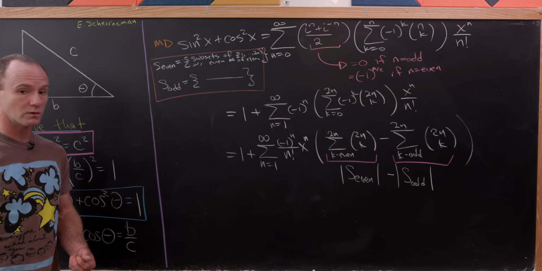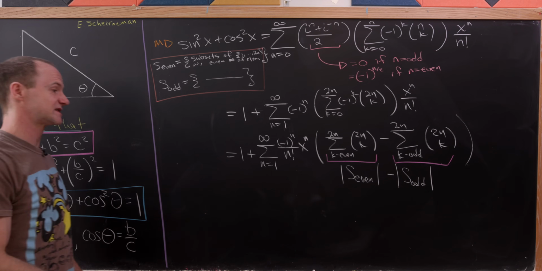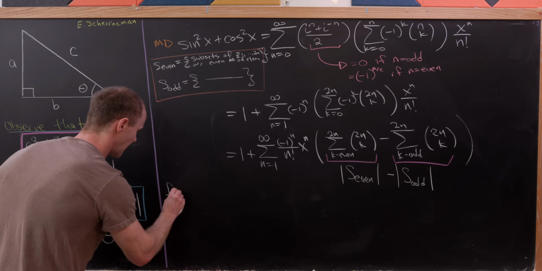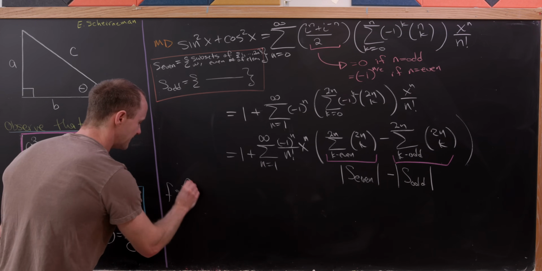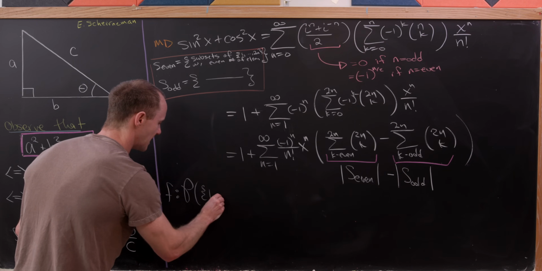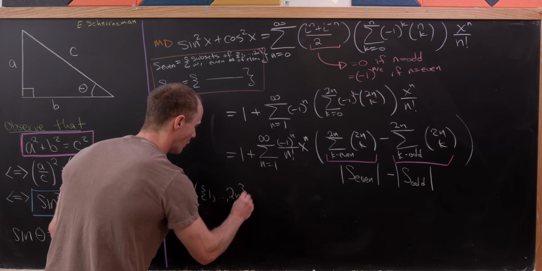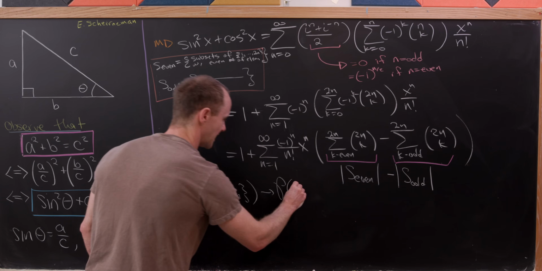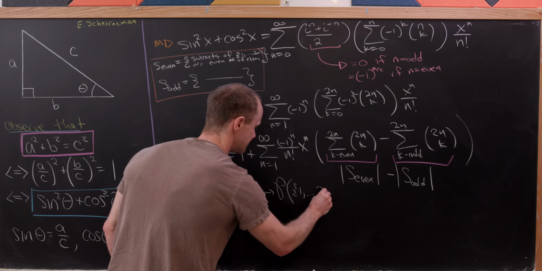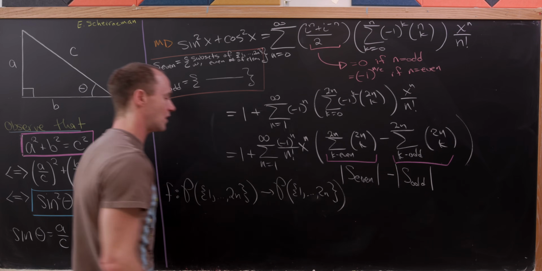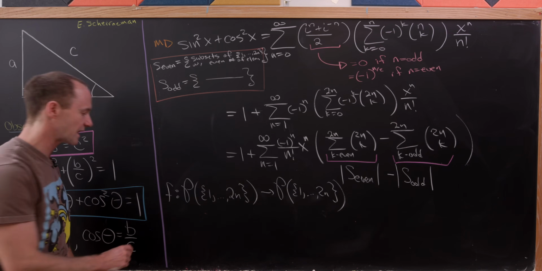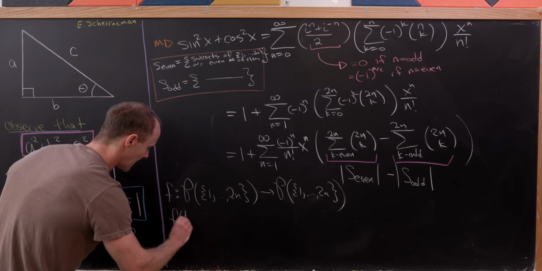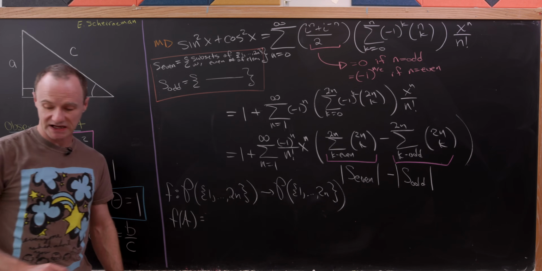And now we're ready to pretty much finish this thing off. So I'd like to define the following function. And this comes from the power set of the set from 1 to 2n back to the power set of the set containing 1 to 2n. So that's the set of all subsets. And what I'll do is I'll define its action as follows.